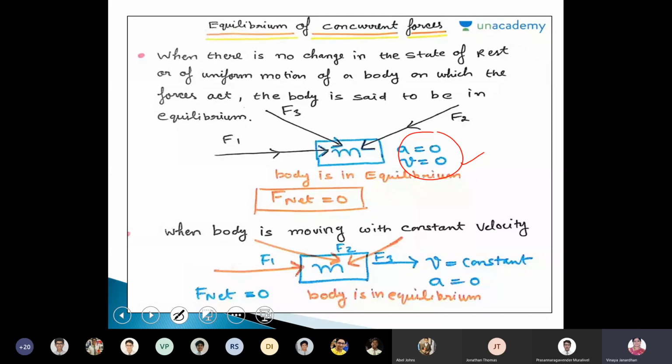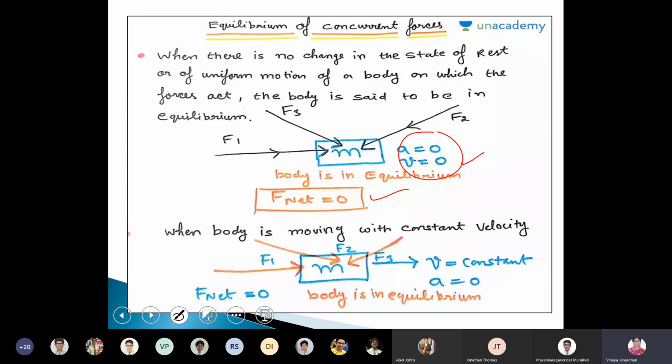It means all these forces are not going to put any change. The net force happens to be 0. Only when the net force is 0, the body still happens to be at rest. Then we say all these forces which are acting on the body are concurrent forces. So concurrent forces are those forces whose sum comes to be equal to 0. They do not alter the state of either rest or of uniform motion of a body.